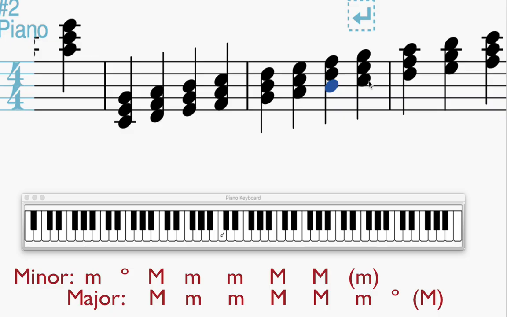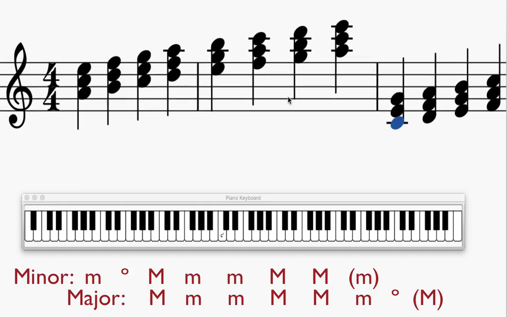Minor, diminished, major, cycle back, skip that one because it's the same as that one, right? And then minor, minor, major, major, minor. It's the exact same pattern. It just starts here instead of here.